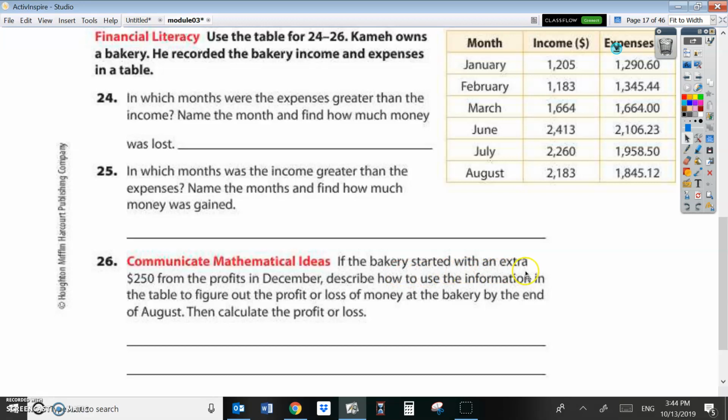If the bakery started with an extra $2.50 from the profits in December, describe how to use the information in the table to figure out the profit or loss of money at the bakery by the end of August. Then calculate the profit or loss.